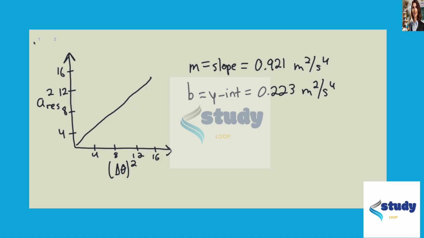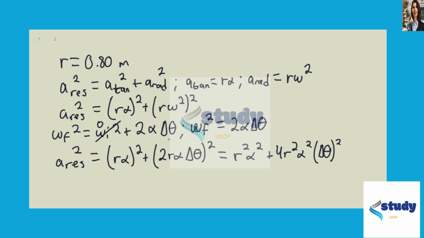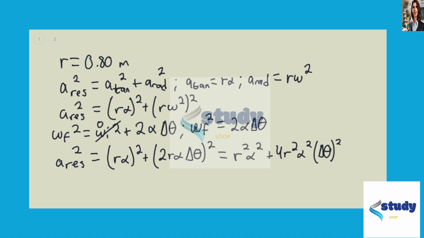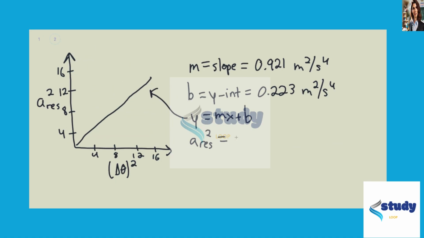And from here, if we say that this is y equals mx plus b, would model this function right here, and we say that here a resultant squared equals, again, r squared alpha squared plus 4r squared alpha squared delta theta squared.